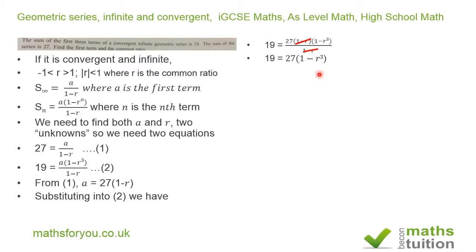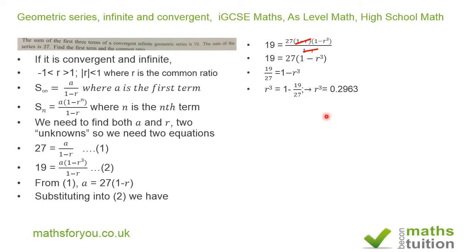Okay, so now we then have 19 is equal to 27 into 1 minus r cubed. Now if we divide both sides by 27, we have that 19 over 27 is equal to 1 minus r cubed. If we add r cubed to both sides, we have that r cubed is equal to 1 minus 19 over 27.